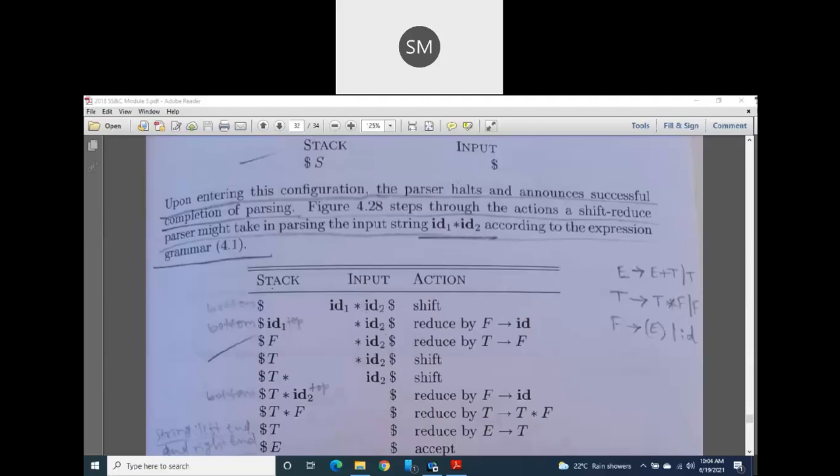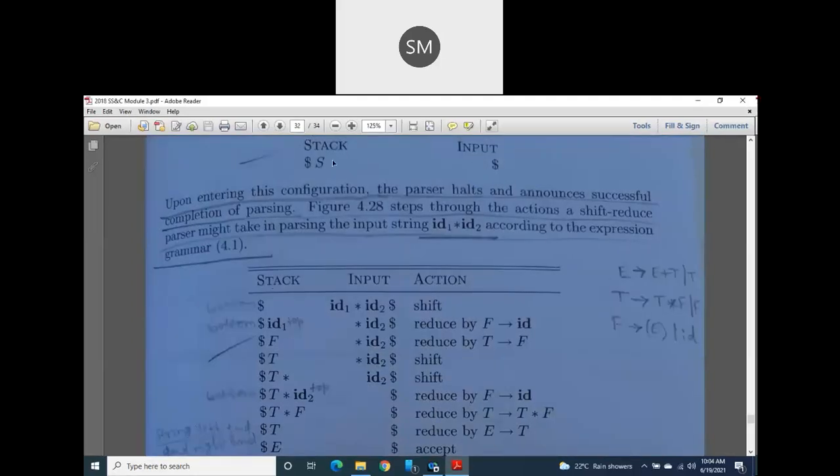If you keep entering the inputs to the stack and keep reducing them to a production or a non-terminal, after some time your input will be exhausted. It means there is no more input character. At that time your input column contains only the dollar, which indicates the end of your input. The input column will be blank.